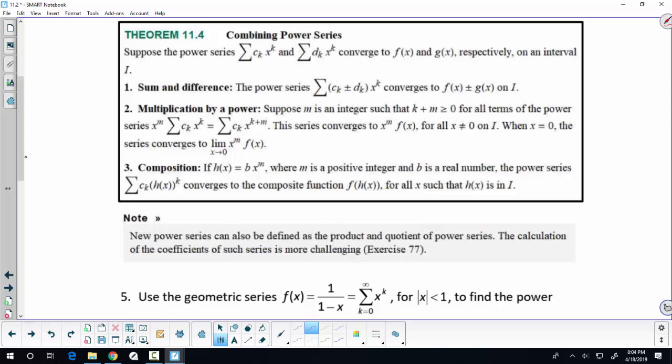So maybe this is a little dense. Suppose m is an integer such that k plus m is larger than or equal to 0 for all terms of the series. So what we're doing is we're taking x to some power m and multiplying that by our convergent series, knowing that this series converges to a function f of x.